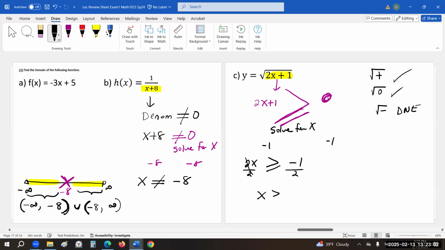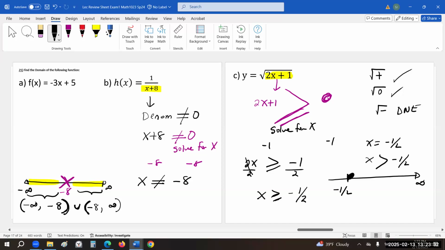So we see we are only allowed to substitute all the x values that are equal to -1/2 or bigger than -1/2. If you look at your number line, somewhere here we have -1/2.